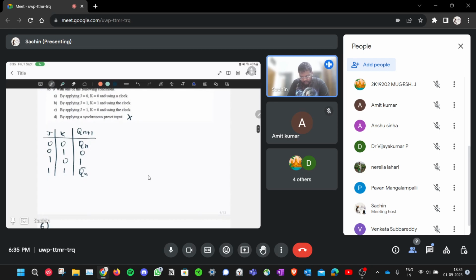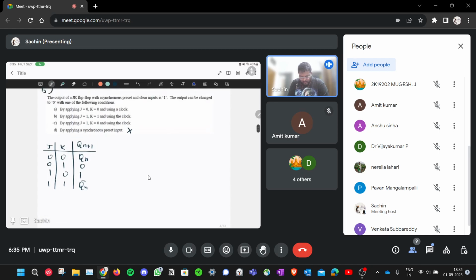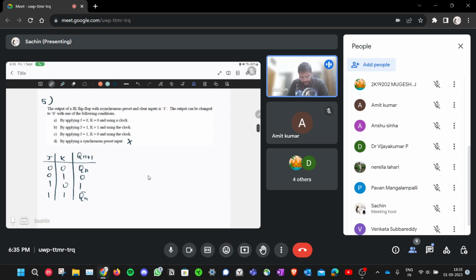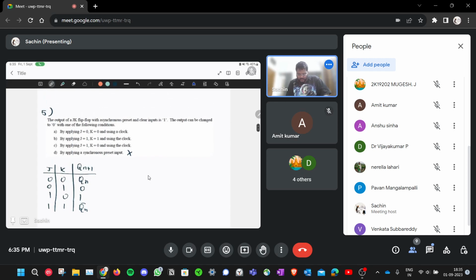So you can see that if you give 1 0, that is option C, and use a clock, you will get an output 1. So that's not correct.